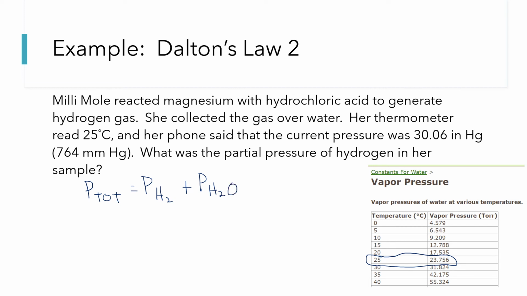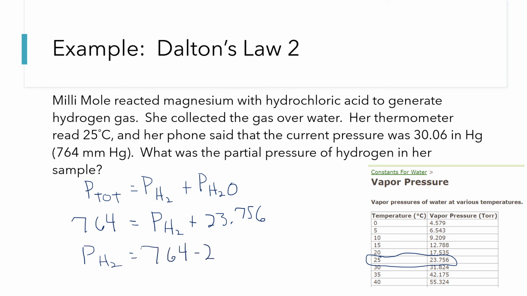So her total pressure was 764 millimeters of mercury because it's all equilibrated with the atmosphere. The pressure of hydrogen is what we're trying to find, and the vapor pressure of water is 23.756.